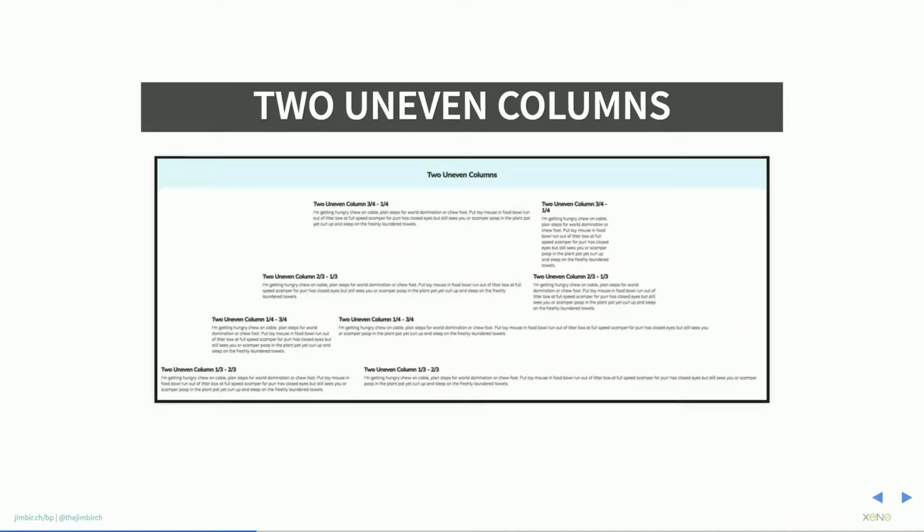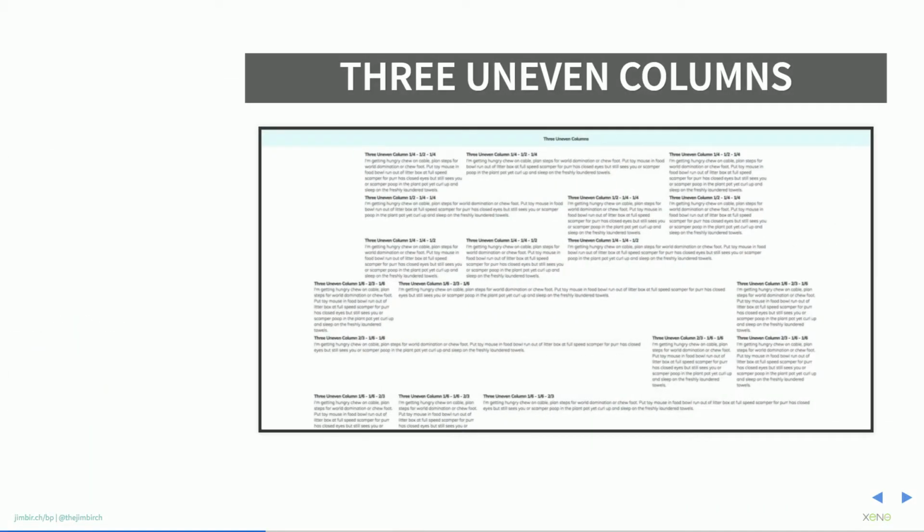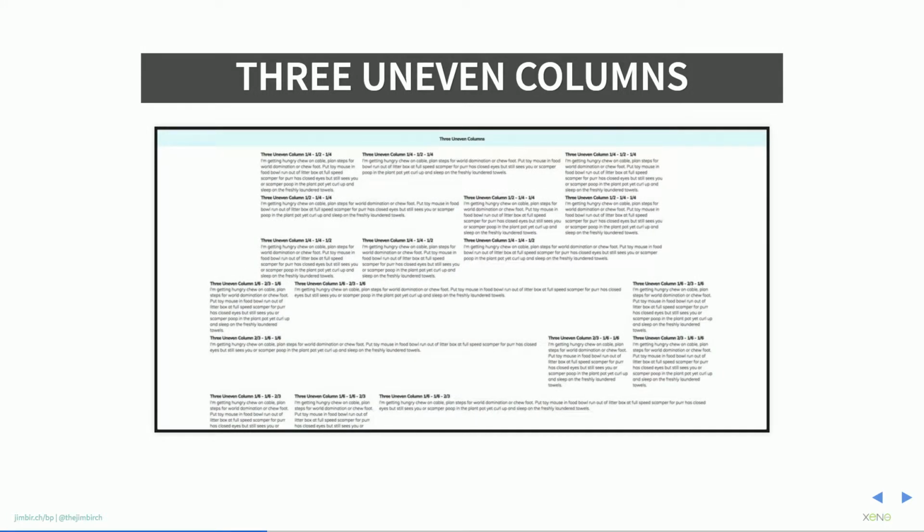And the 3 uneven columns gets even more fun. So they're basically quarters and thirds all the way down. And you can mix as many of those on the same page as you want. Yes, and you could actually nest them if you really wanted to get into some complex gridography.